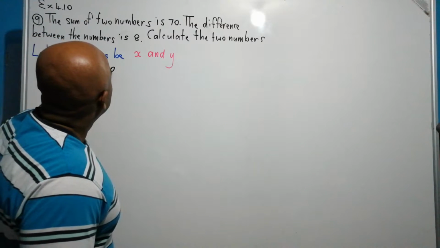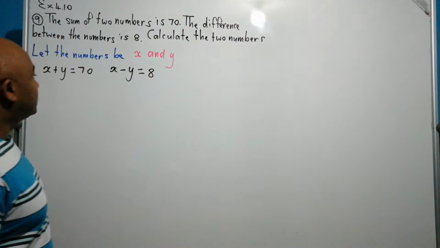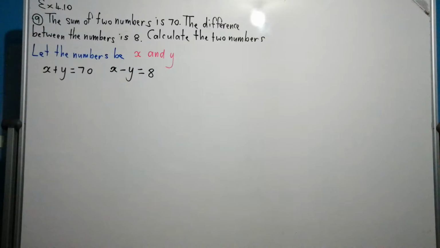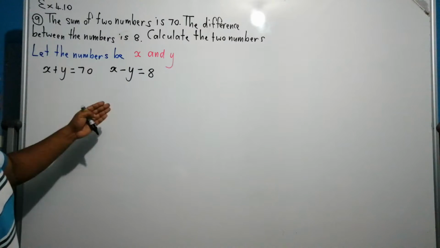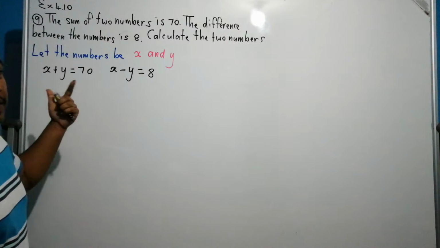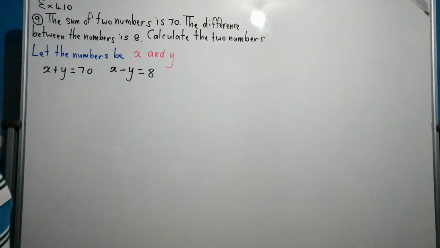So then x minus y is equal to 8. So what do we have here? Two linear equations. So we need to solve them simultaneously. Two equations, two unknowns. So since both are linear equations, we can use the method of substitution or elimination.